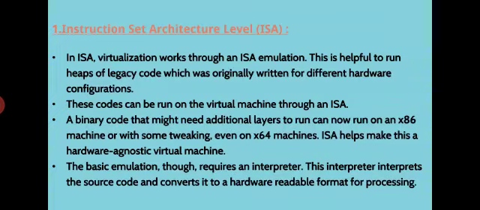So the instruction set emulation requires binary translation and optimization. Finally, a virtual instruction set architecture requires adding a processor-specific software translation layer to the compiler. This is the main theme of the instruction set architecture level.